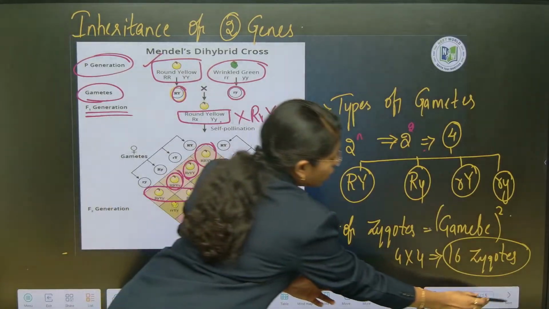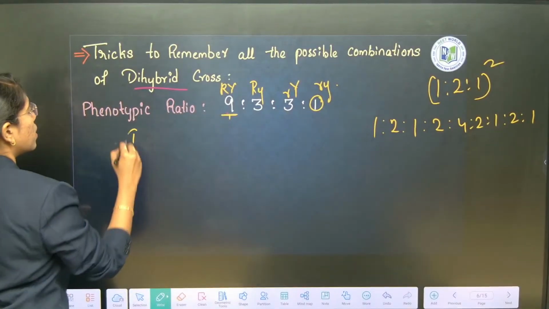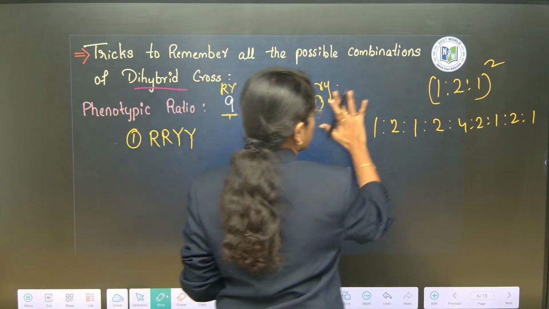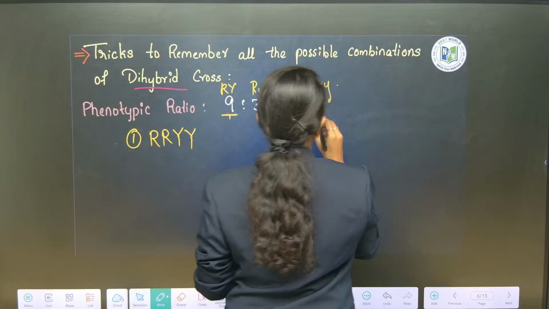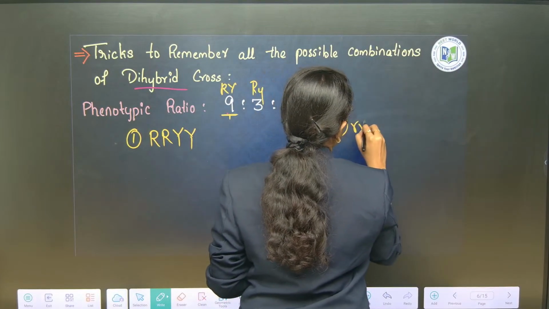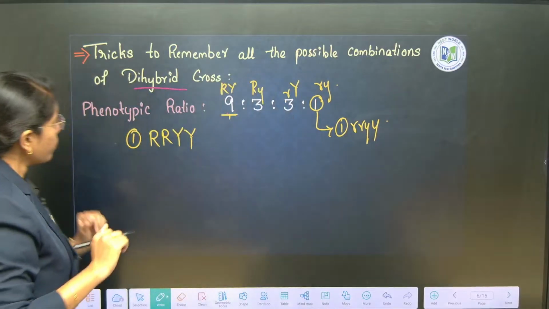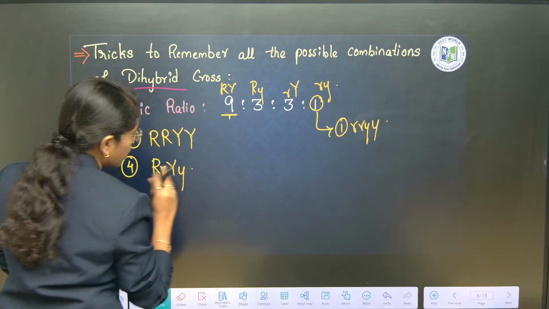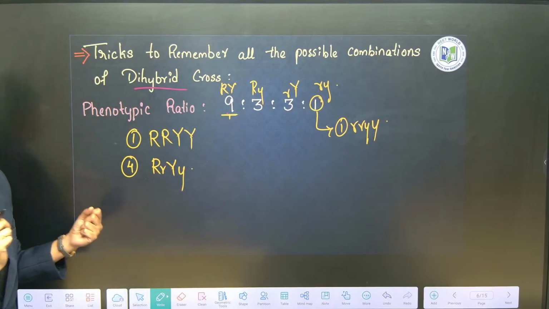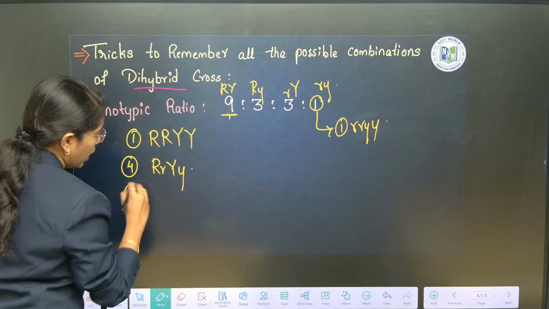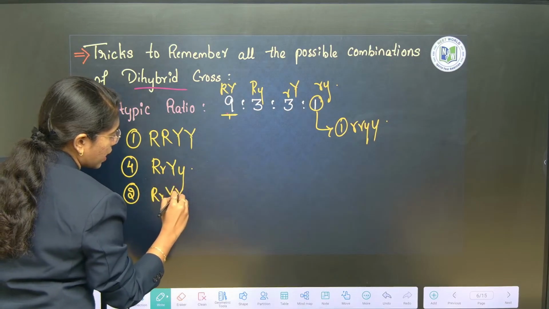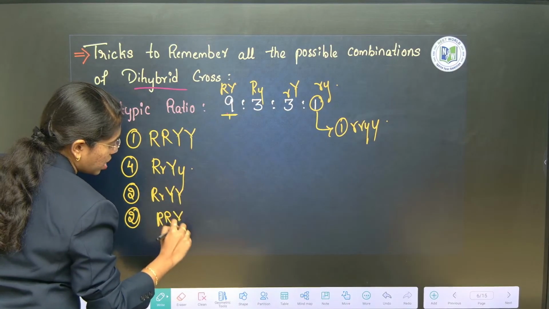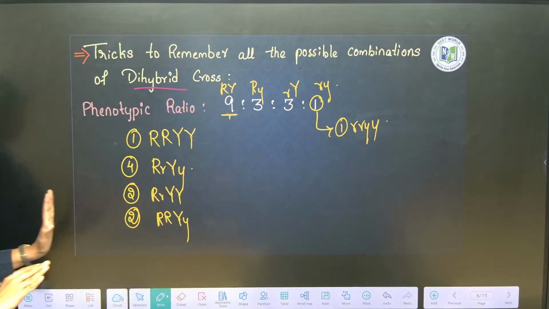So in total 9. 1 is definitely homozygous dominant, and one is homozygous recessive. Next 4 will be heterozygous for both genes. Next 2 will be heterozygous for one and homozygous for the other. Next 2 also the same, homozygous for the first and heterozygous for the second. Here it is clear, right?